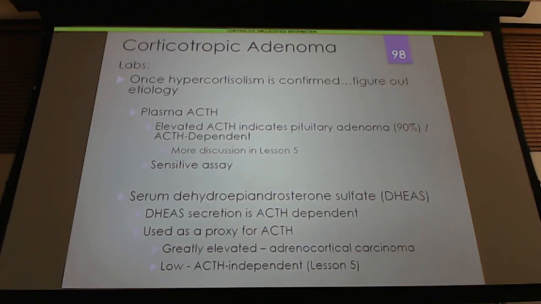Have you guys heard of DHEAS? Dihydroepiandrosterone sulfate. So ACTH is a really finicky hormone. Go figure. But DHEAS is secreted independently, but it mimics what ACTH does. So it's kind of like a proxy lab. I don't quiz you on it yet.